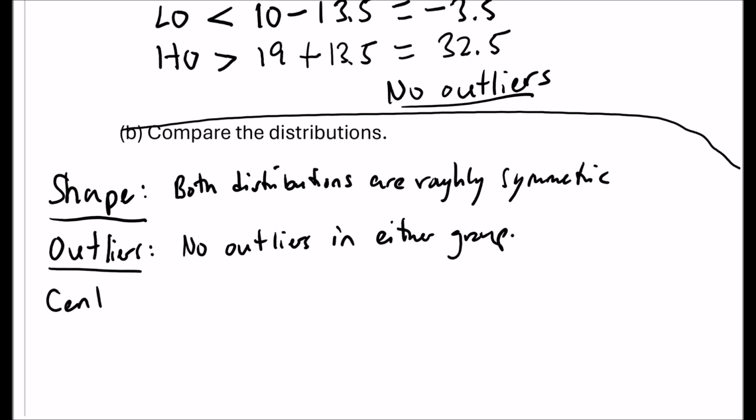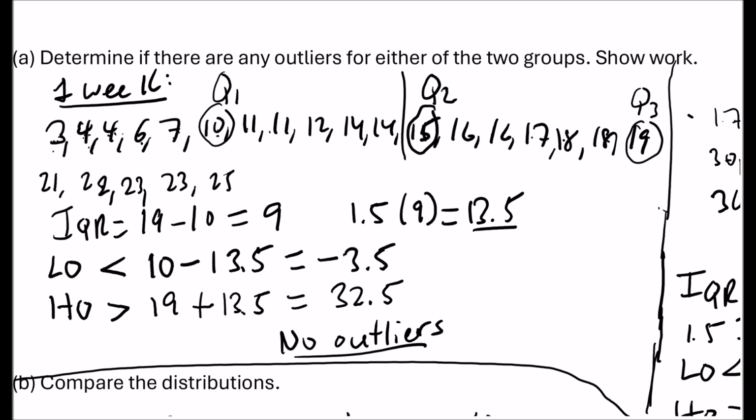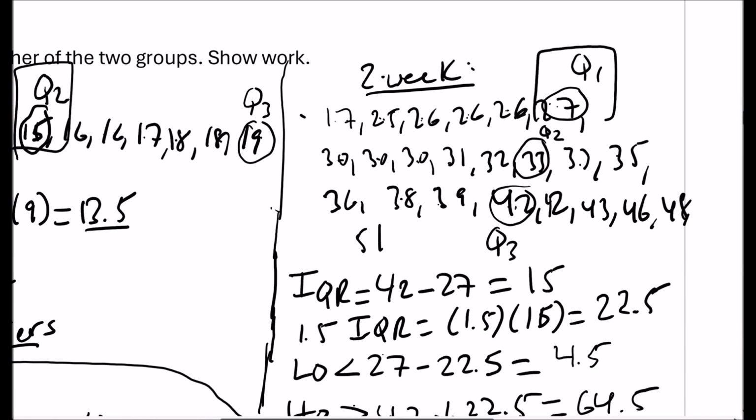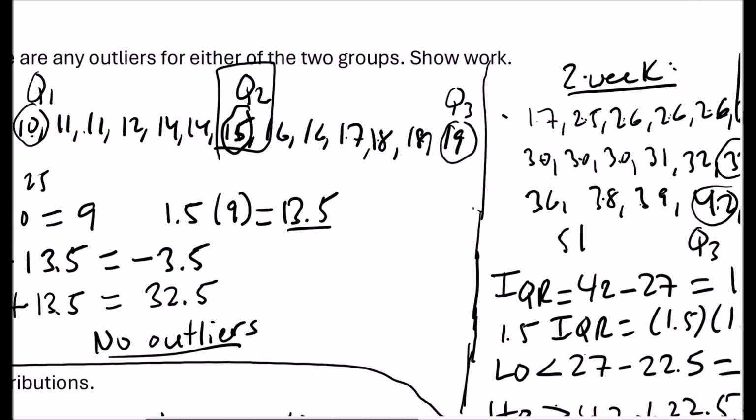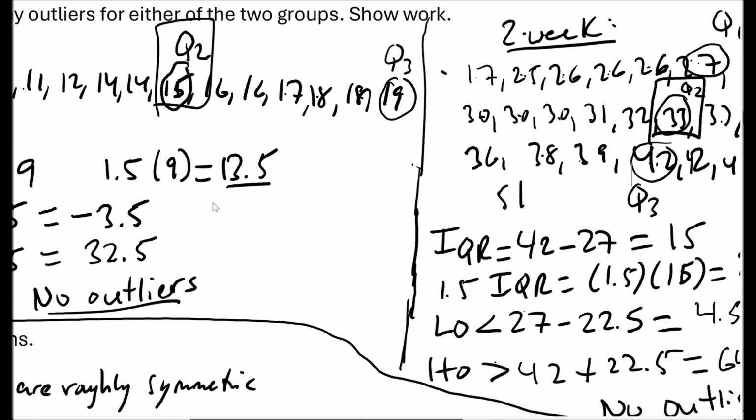The C in SOCS, so center. So now we got to compare both centers, right? So we just calculated the median, so this is where it helps. So the median here was 15. The median here is 27. Okay, so we can see that the medians, the centers, oh, I'm sorry, that's not the median. The median here is 33. So the centers vary, right, significantly from 15 to 33.